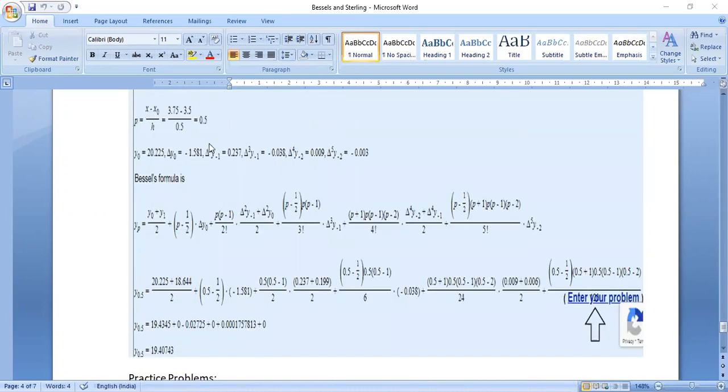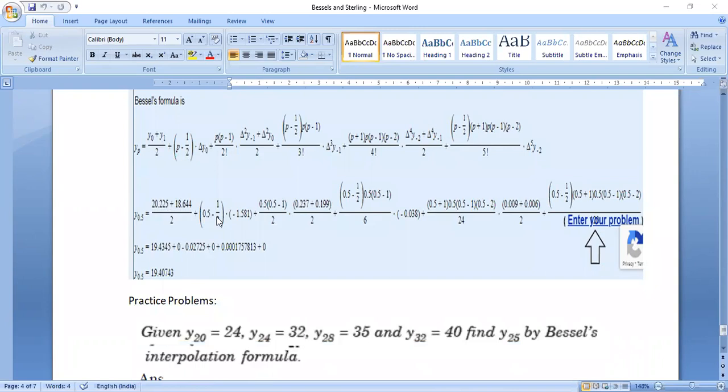Plus, the p value we already found out is 0.5. So 0.5 minus 1 by 2 becomes 0. So the second term becomes 0, and the third term will be 0.5 into 0.5 minus 1 divided by 2, and then we are substituting the value of delta square y minus 1 plus delta square y naught divided by 2.